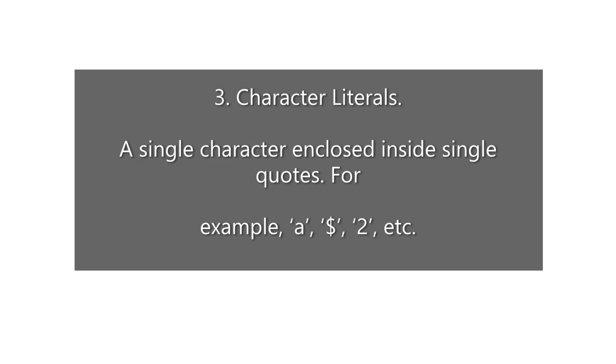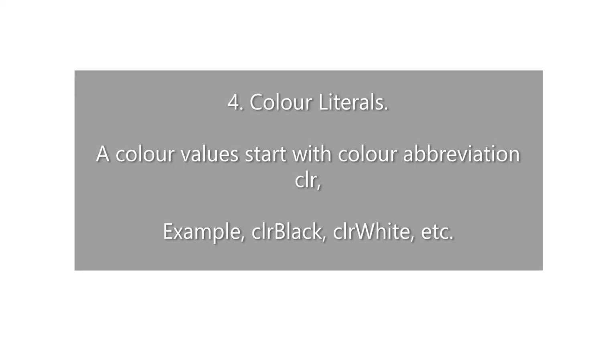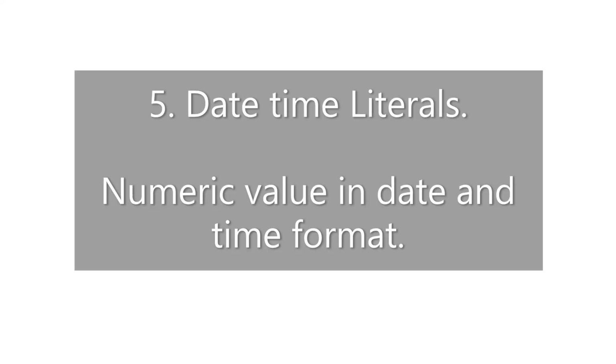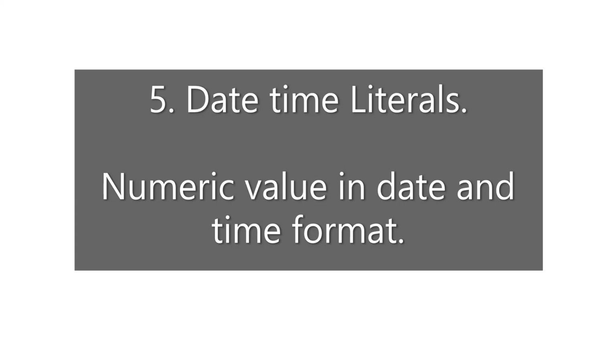For example, $, $2, etc. 4. Color literals. Color values start with the color abbreviation CLR, for example, CLR black, CLR white, etc. 5. Date time literals. Numeric value in date and time format.